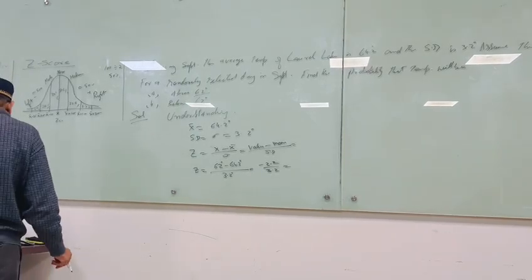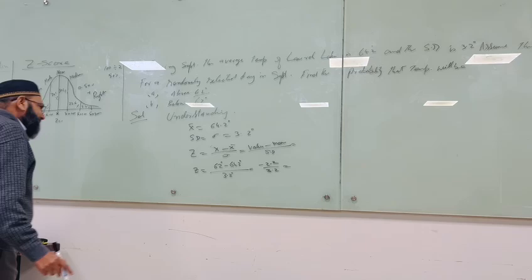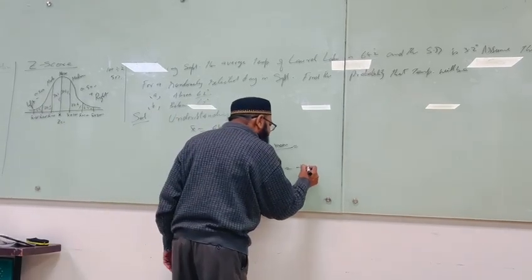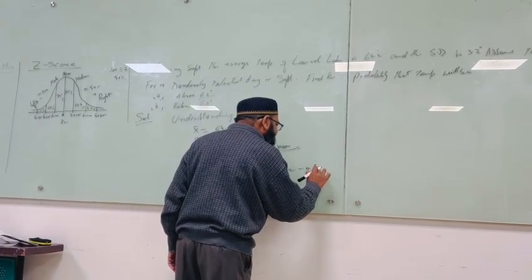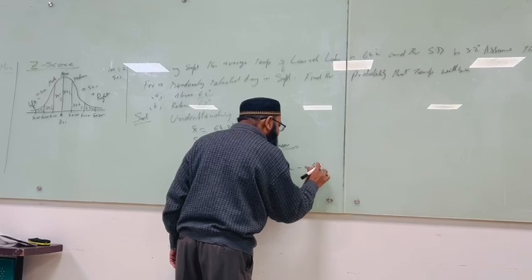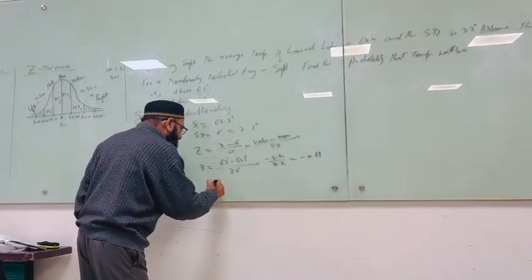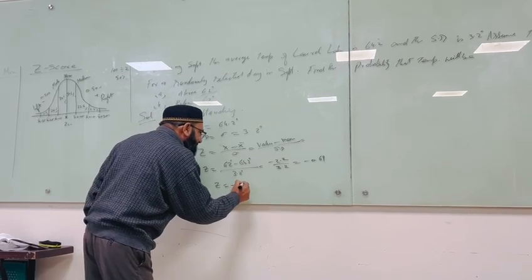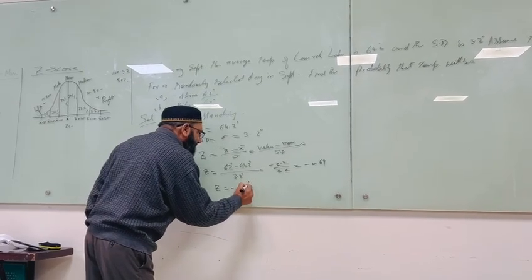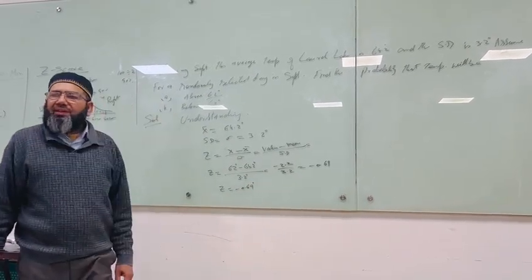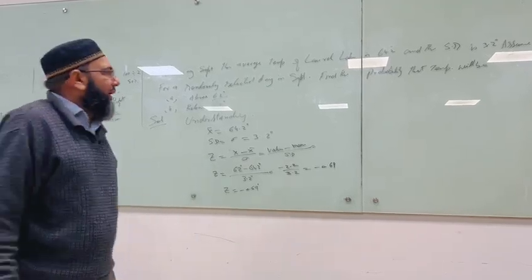It is minus 0.68, 0.69 rounded. So the Z-score here is minus 0.69.